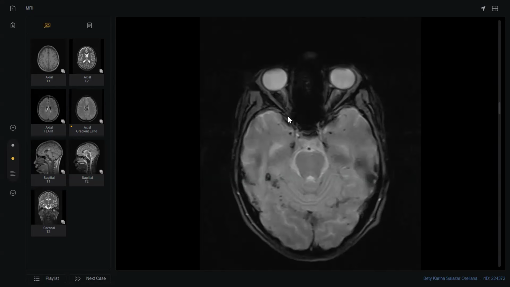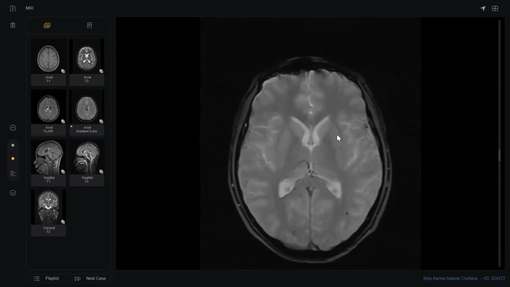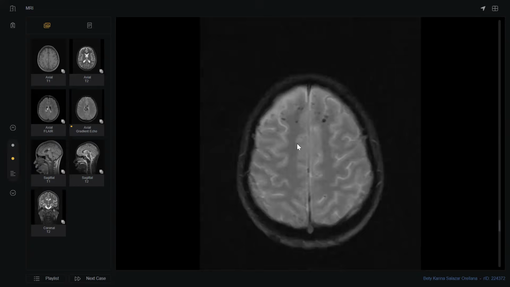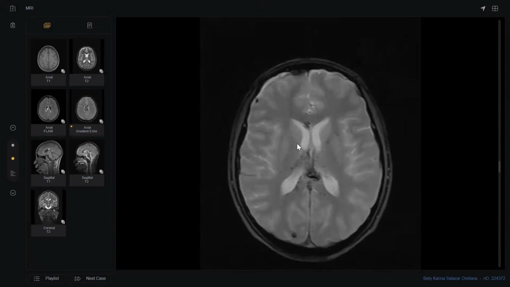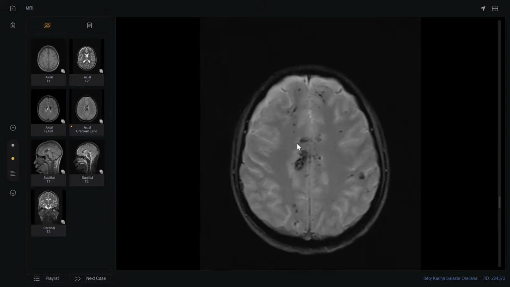In my opinion, Doctor, cavernoma will be more random. But look here. First of all, I think there is some collection here, as I notice. Otherwise, generally the blooming artifact occupies very specific locations.